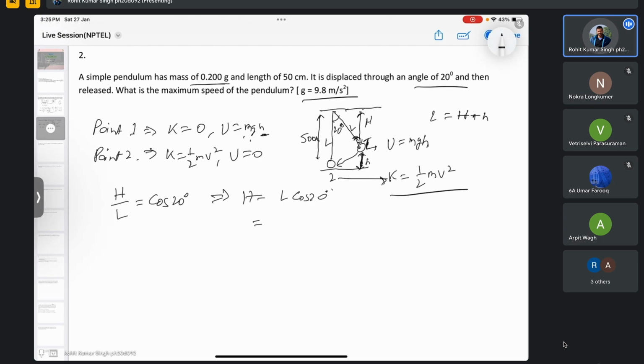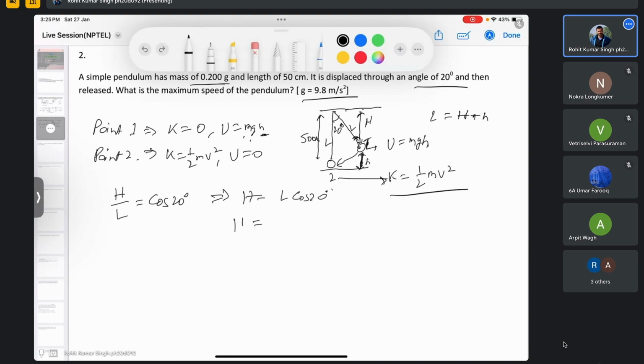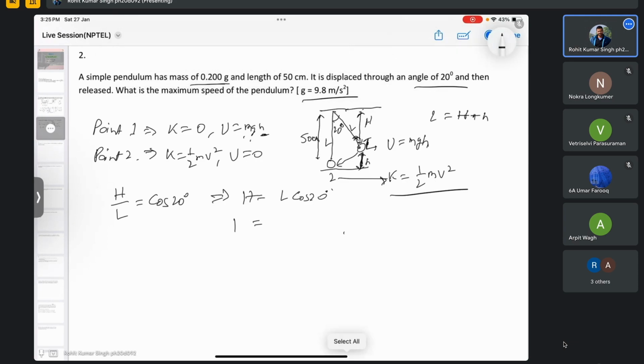This total distance is equal to L. So you can write this as h equal to L minus L cos 20 degree.